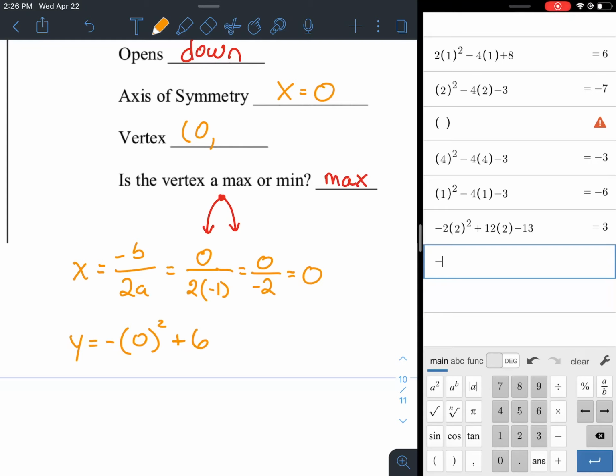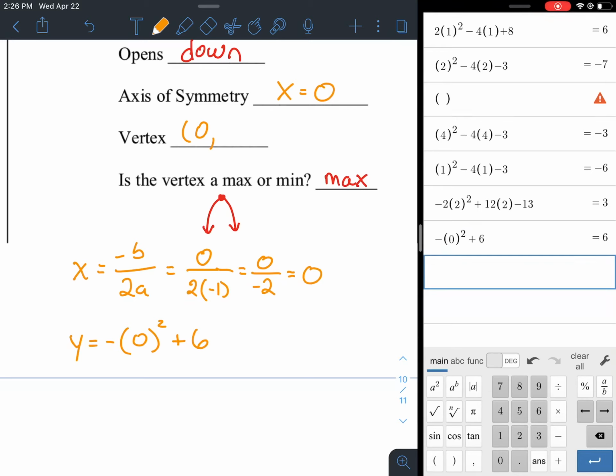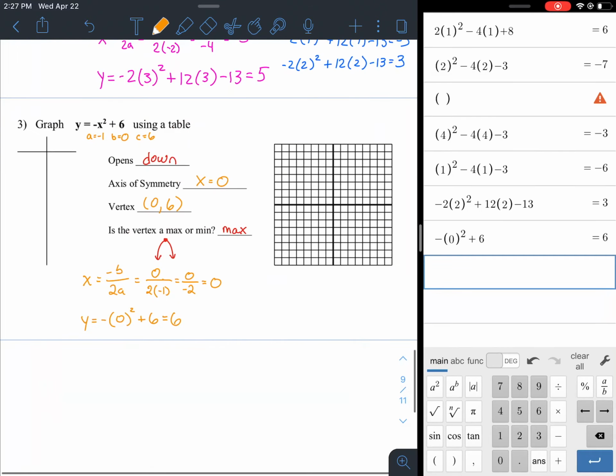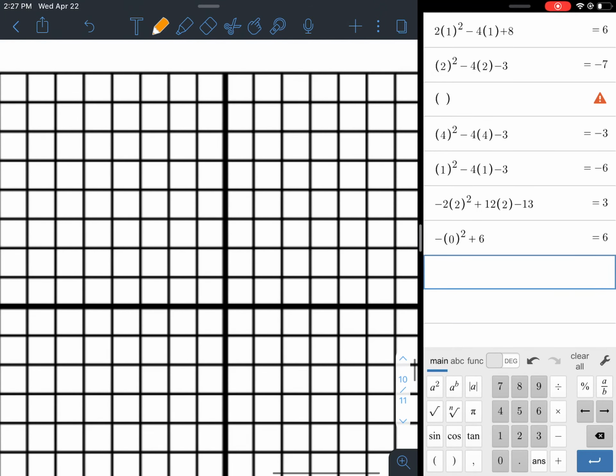But just to verify that for you, negative, parenthesis, 0 squared plus 6 comes out to be 6. So that is our y value. The vertex is at 0, 6. So I'm not going to move left or right at all, but I'm going to go up 6. 1, 2, 3, 4, 5, 6. And I'm going to plot that point.